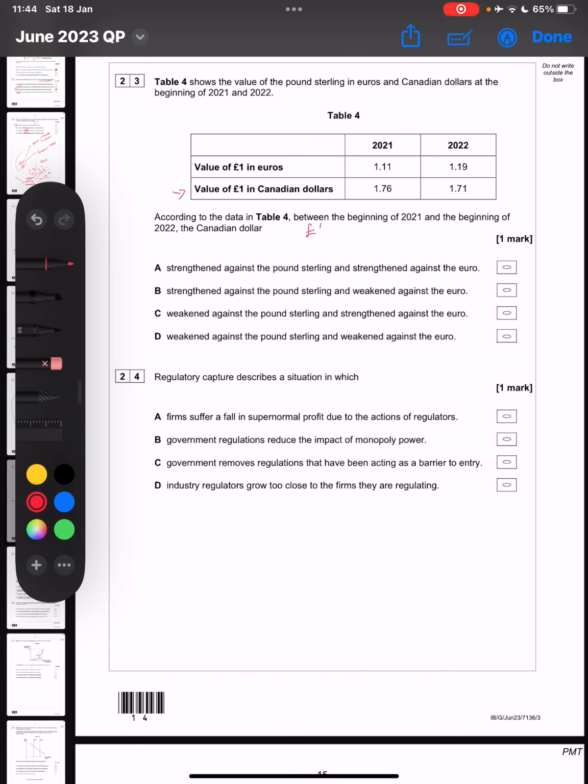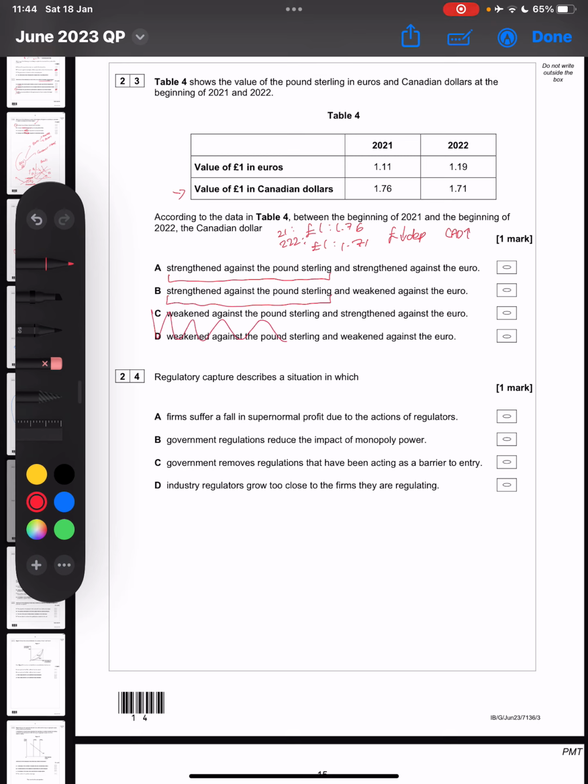So we had £1 that could give you $1.76 in 2021, and in 2022, £1 can give you less than before. So that means that the pound has depreciated, which means that the Canadian dollar has appreciated against the pound. So the Canadian dollar has strengthened against the pound.